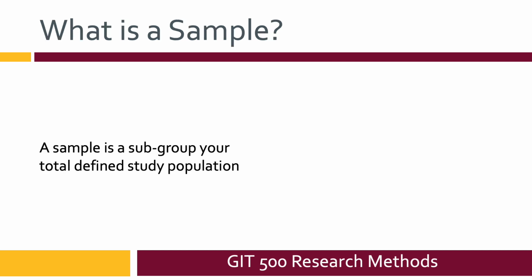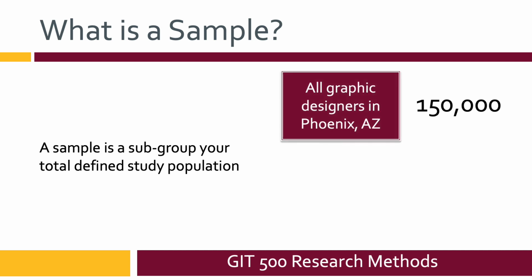So what is a sample then? Well, a sample is a subgroup of your total defined study population. So if you were to say that my study population is going to be all graphic designers in Phoenix, Arizona, let's just guess that there's 150,000 of them. Well, you would not be able to contact and get data from all of them, and you don't really need to.